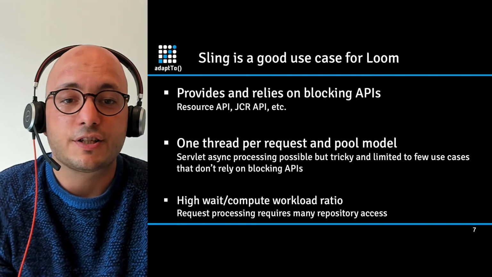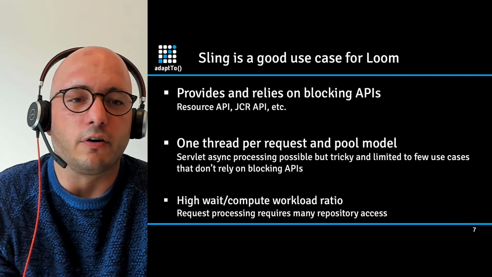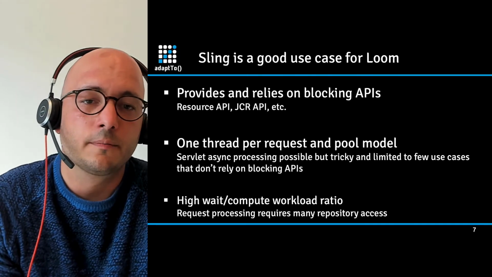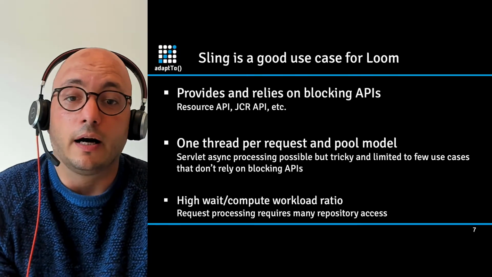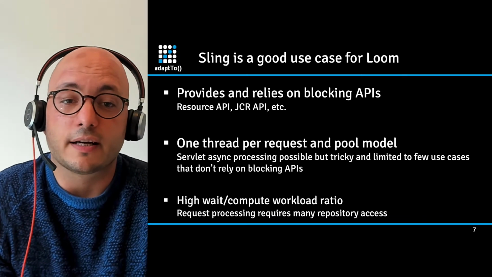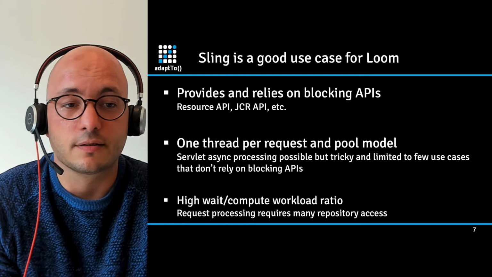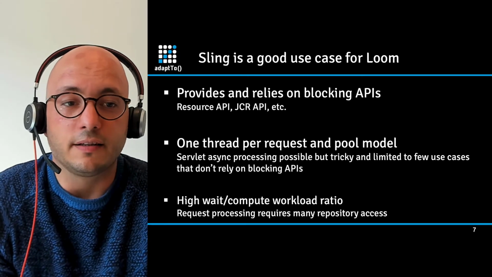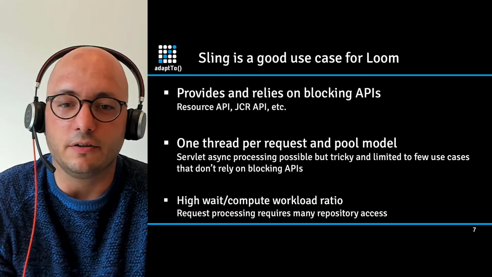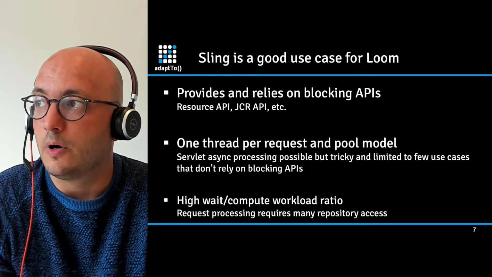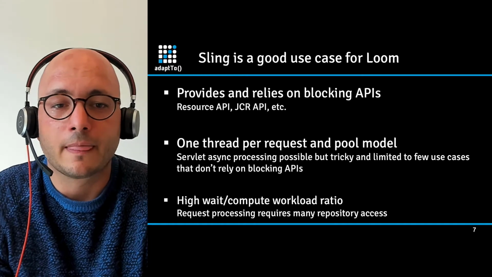Then, Apache Sling request processing involves fetching thousands of items from the underlying repository to render a page, and each of those repository accesses translates to waiting for Sling. This waiting issue is mitigated by the fact that Jackrabbit Oak, for instance, uses a large cache in memory.